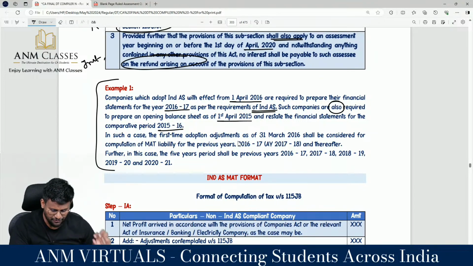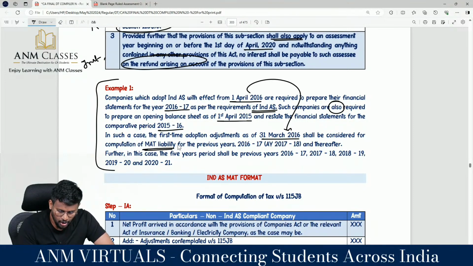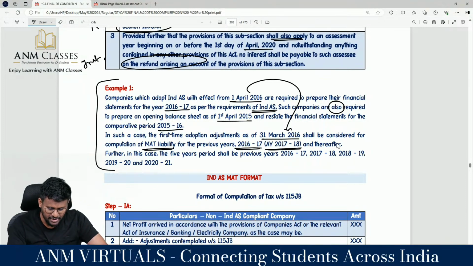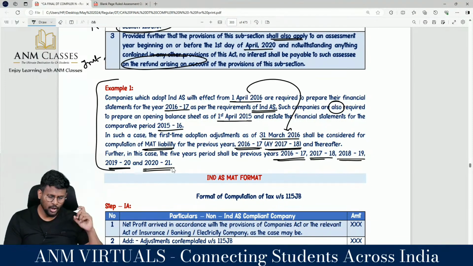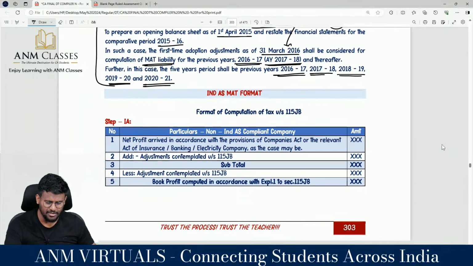So, in such a case, the first time adoption adjustment as on 31st March 2016 shall be considered for computation of MAT liability for the previous year 16-17, that is assessment year 17-18, and thereafter. Further, in this case, the 5-year period shall be previous years 16-17, 17-18, 18-19, 19-20 and 20-21. That is the transition amount; it will be reckoned from previous year 16-17.